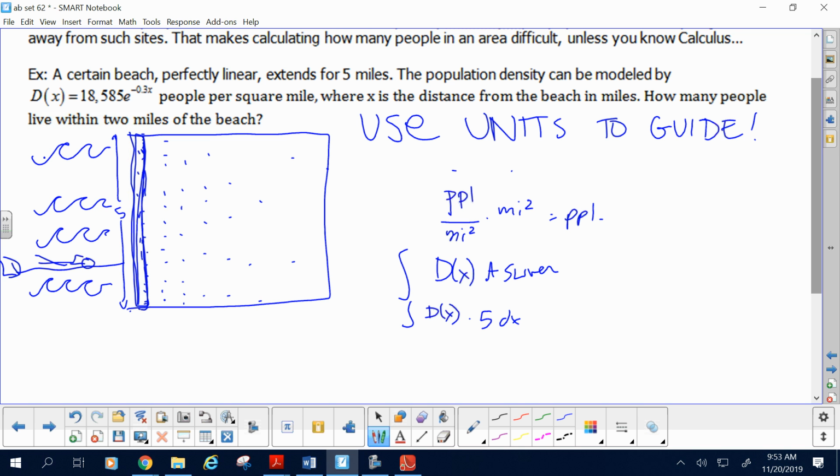So what kind of region of x do we want to integrate over? Within 2 miles of the beach. 0 to 2. Throw that into your calculator. I think you'll agree that the units do work out as people per square miles. 5 is in miles. dx is in miles. That does give you people.